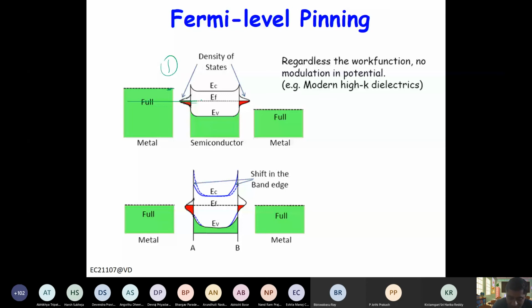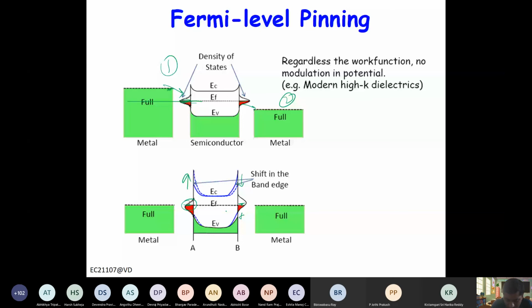So this will be filled, right? So there will be net negative charge here. When the Fermi level of the metal is below, it will take the electrons. So this will be reduced, right? So there will be net positive charge. So that means this band is down here, this band is up here, the conduction band, and you will have this kind of barrier. Now if the state density is large, it will not change.